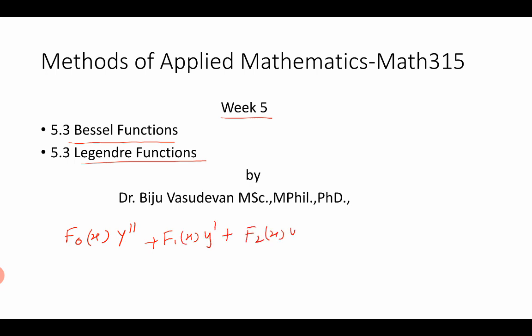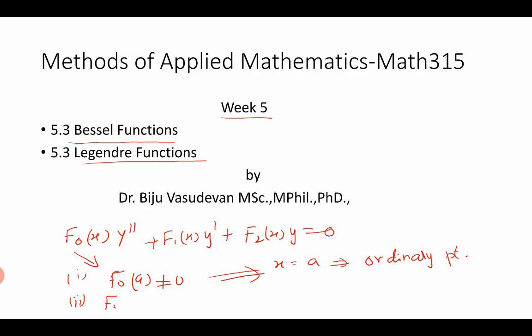it is a second order differential equation, isn't it? And for a point x equal to a, if you find this coefficient f0 of a is non-zero, then we call this point x equal to a an ordinary point.